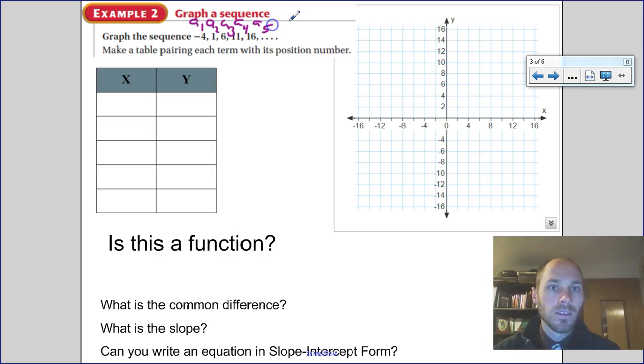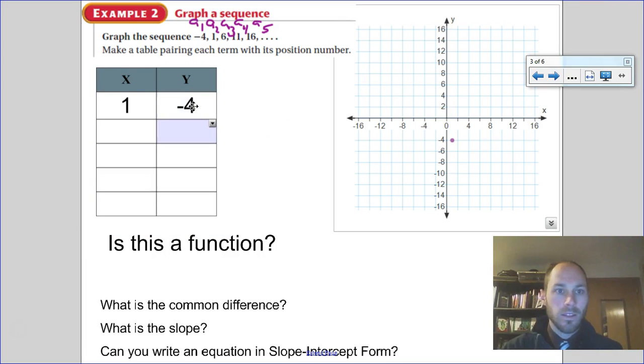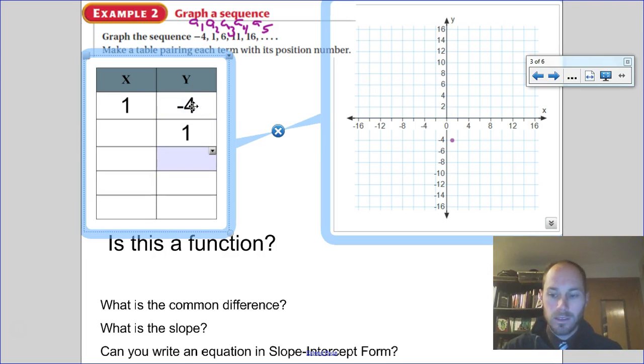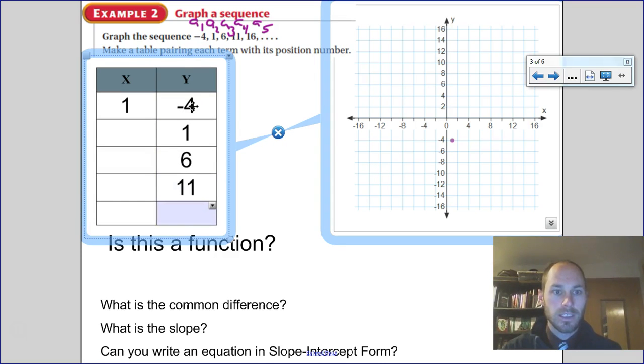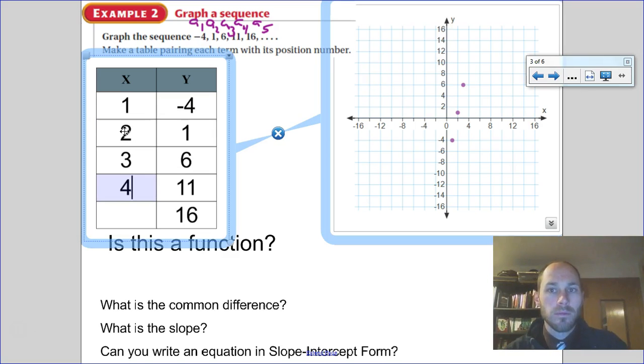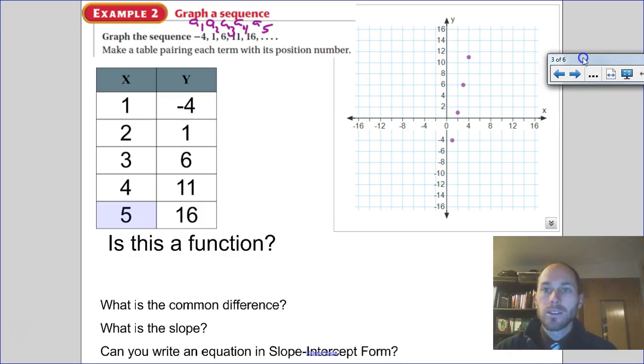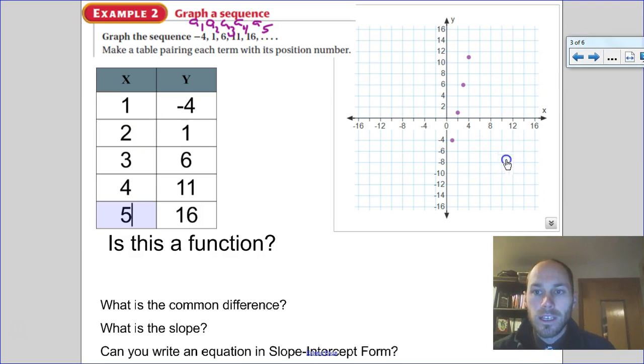We can graph those points by saying the first term is -4, and the next terms are 1, 6, 11, and 16. So 1 is the second term, 6 is the third term, 11 is the fourth term, and 16 is the fifth term.